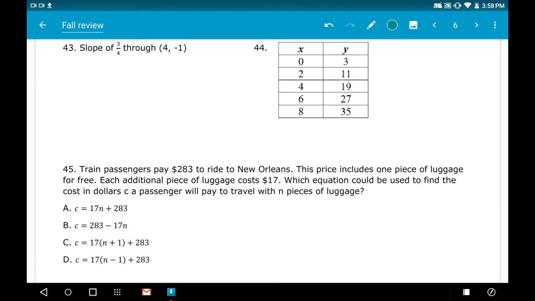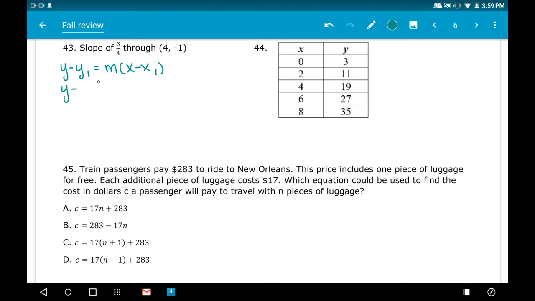Okay, 43 and 44 are the same thing, just given to us in a different way. 43 gives us our slope, and it gives us a point. So we should use point slope form again. y minus y1 equals m times x minus x1.